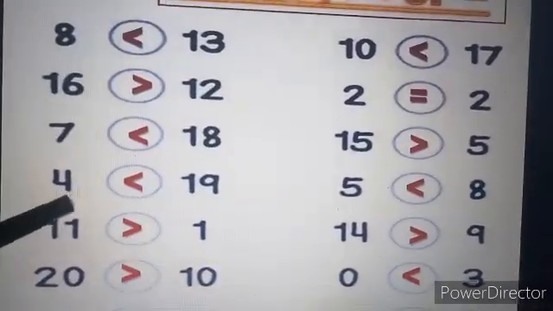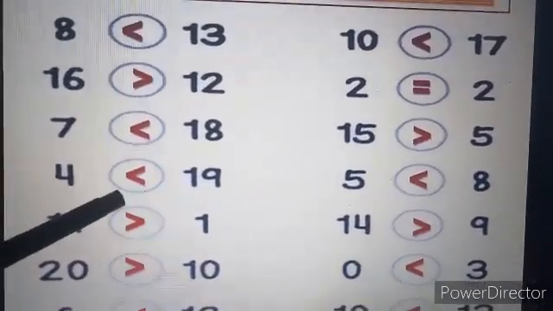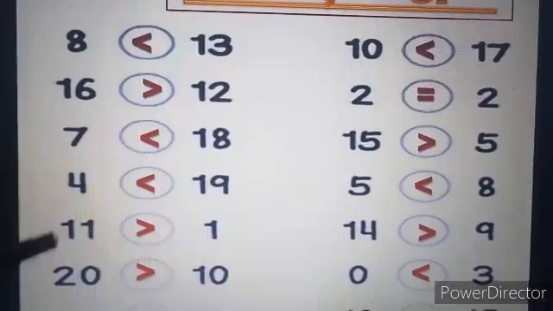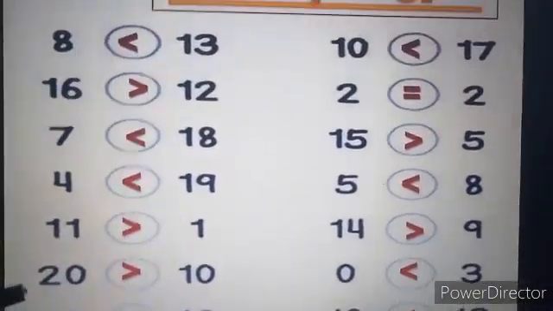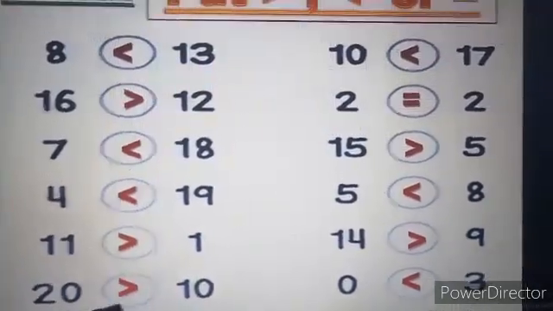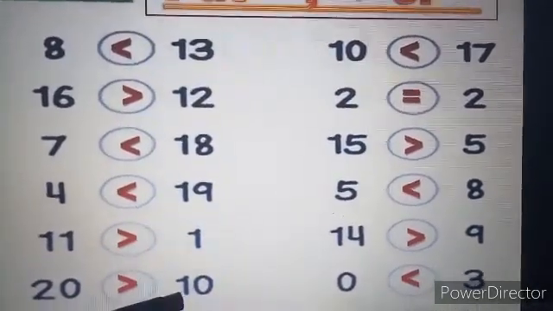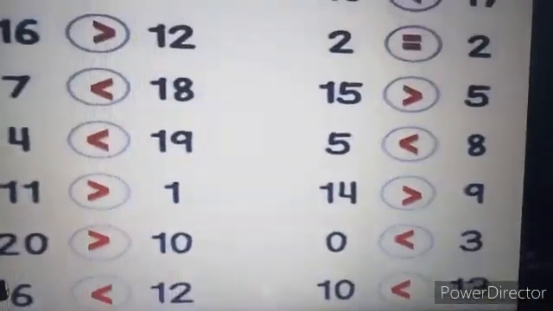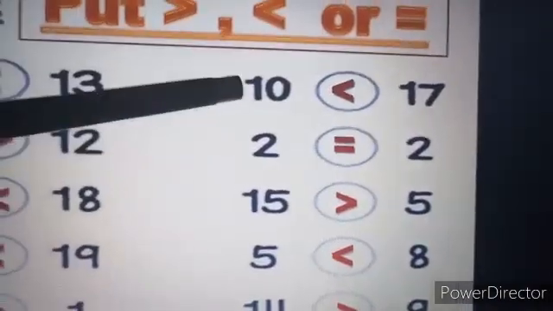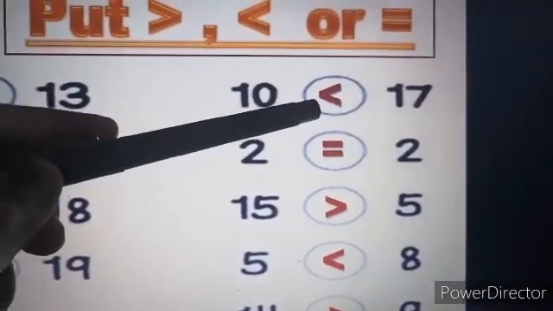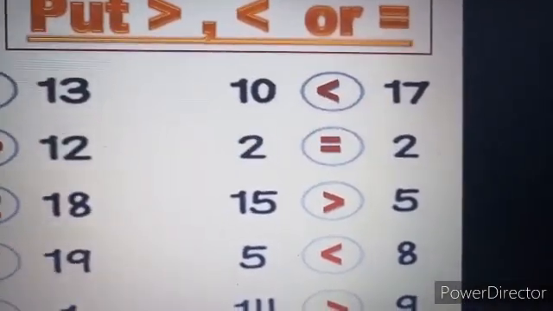The next 4 is less than 19. 11 is greater than 1. Okay. Then the next 20 is greater than 10. Then the next 6 is less than 12. Then the next 10 is less than 17.